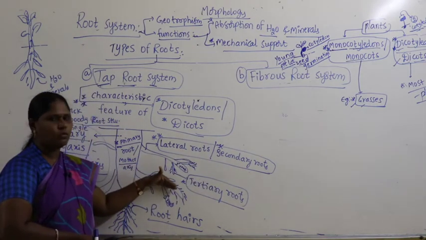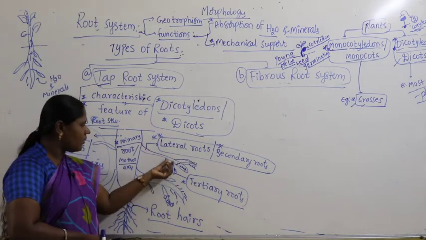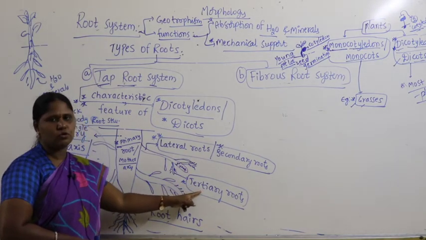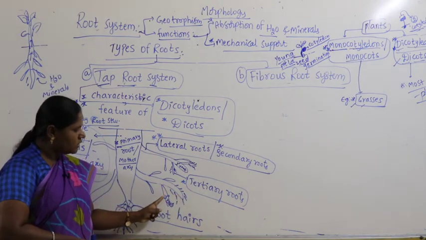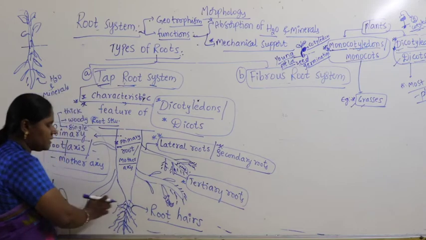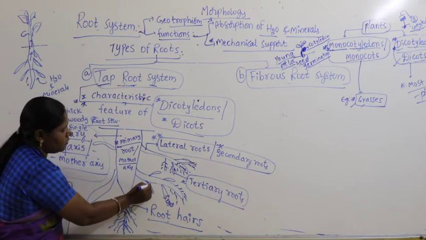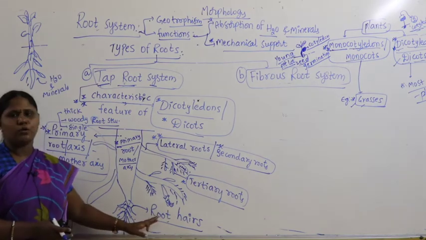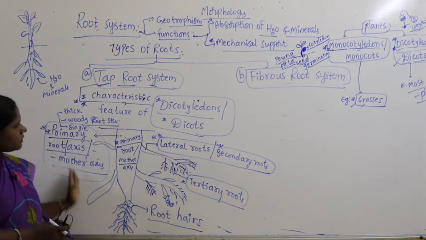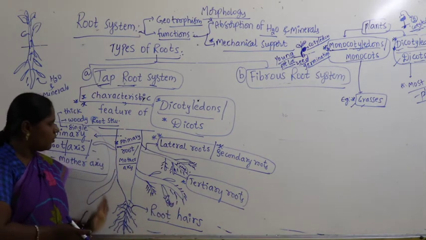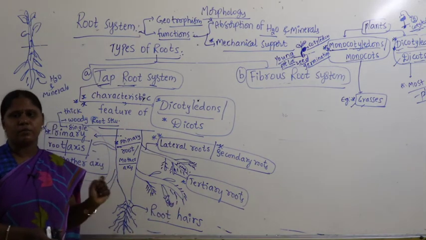From the secondary roots, smaller roots come out, and these small roots are called tertiary roots. The tertiary roots, secondary roots, or main axis contain small thin hair-like structures. They are called root hairs. Such a root system is called the taproot system.